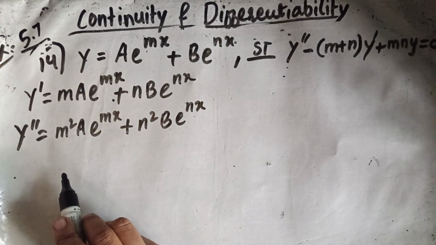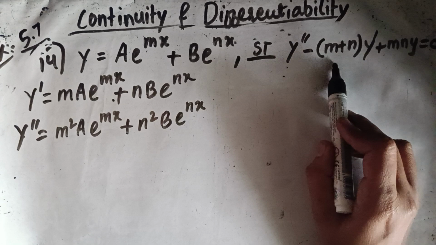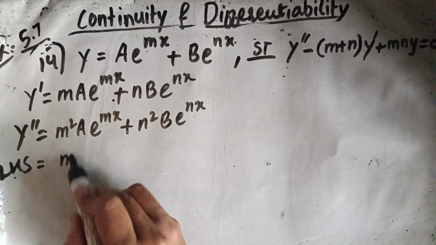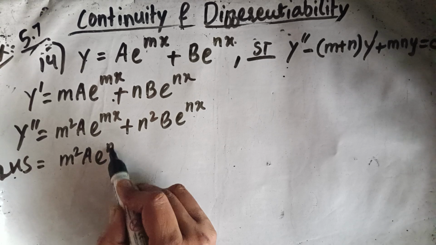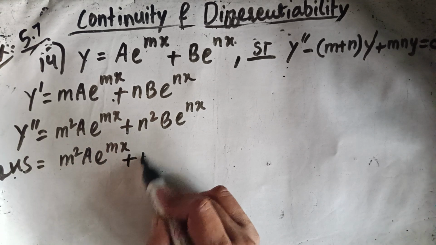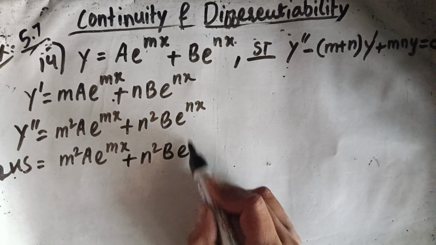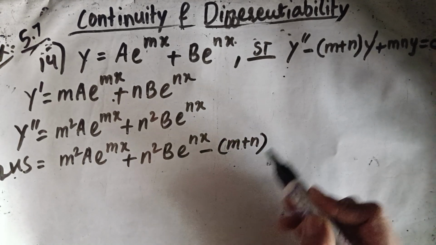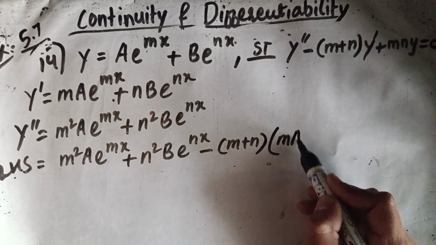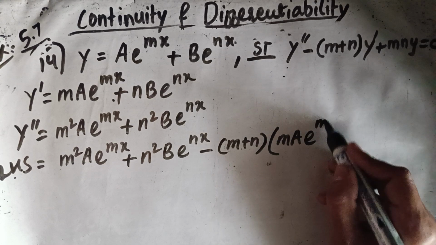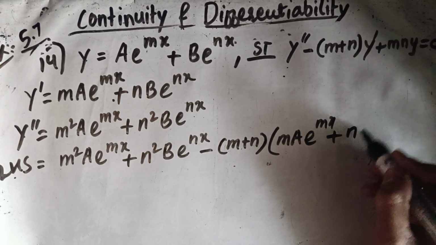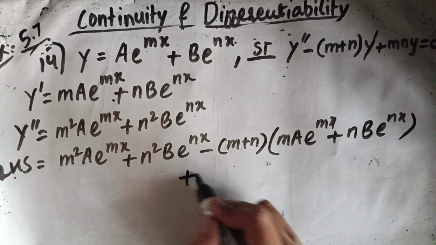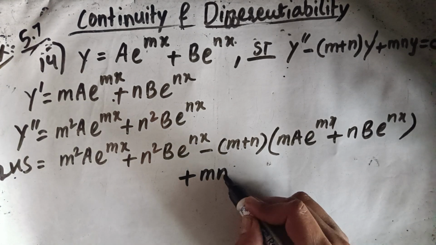So substituting here, that is in the LHS, e raised to mx, b e raised to nx, minus n plus n y dash, plus mn into y.